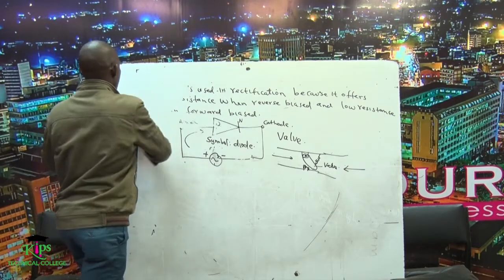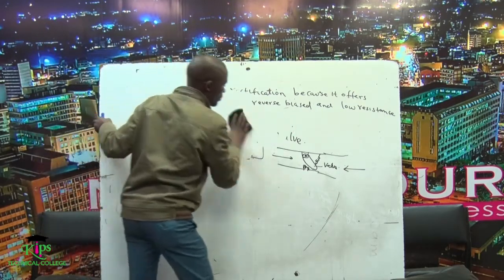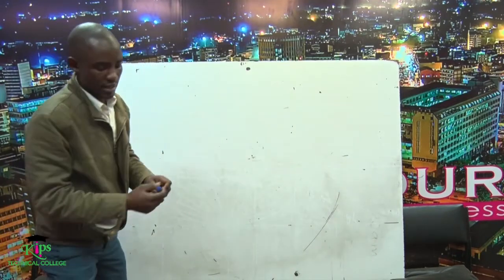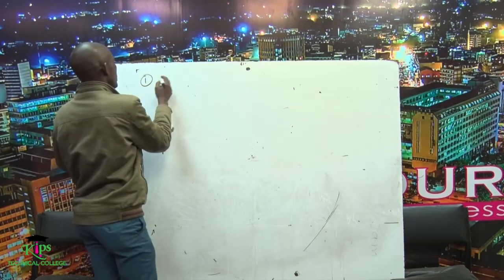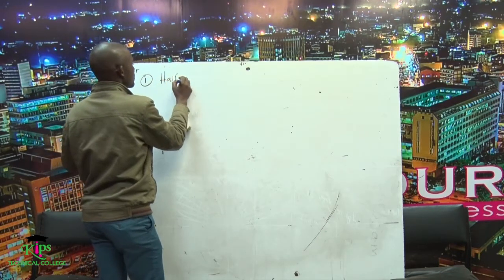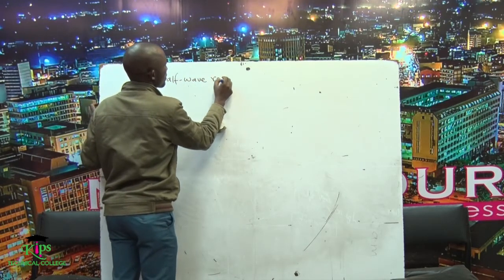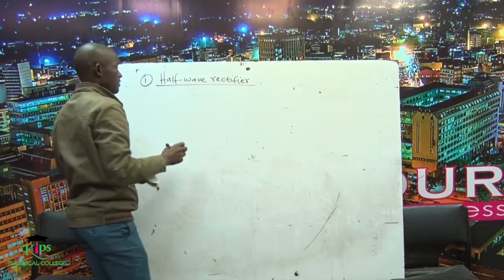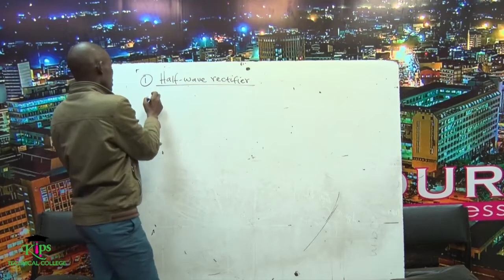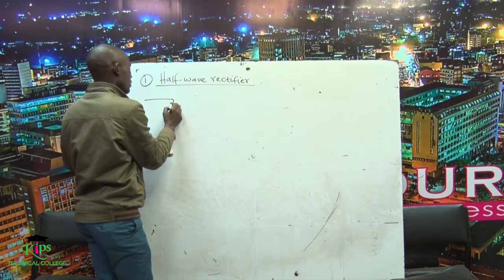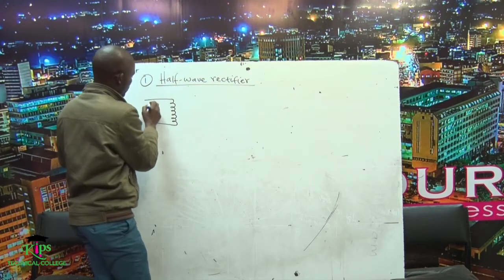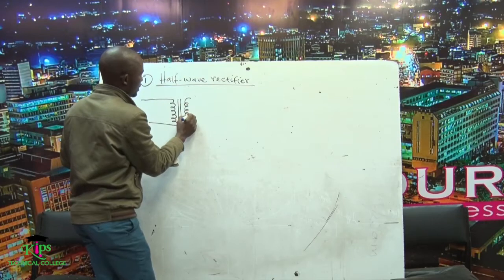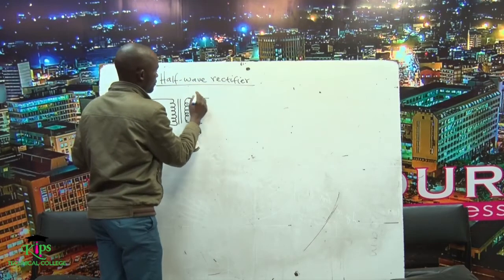So we can now deal with the first type of rectifier, which is the half-wave rectifier. In a half-wave rectifier, the first stage is that from the input point, it goes to the transformer. Basically, the function of the transformer is to step down the voltage.